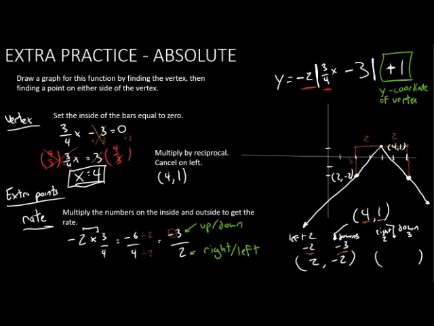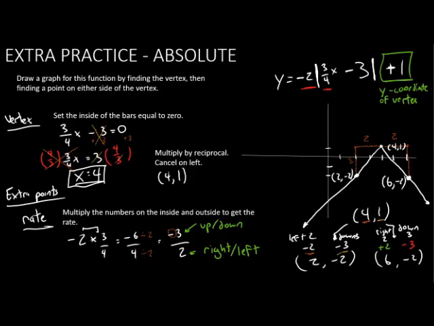This means from our vertex of 4, 1, going right by 2 added 2 to the x, but took 3 away from the y. Therefore, our new x is 4 plus 2, which is 6, and our new y is 1 minus 3, which is negative 2. Notice it's exactly the same y as what we got for our left point.